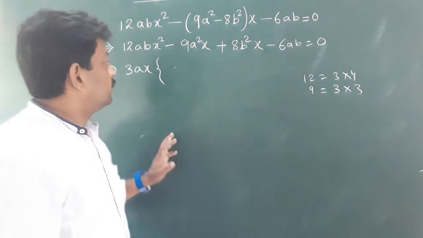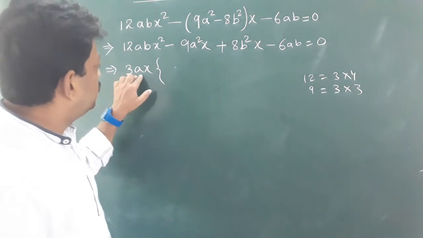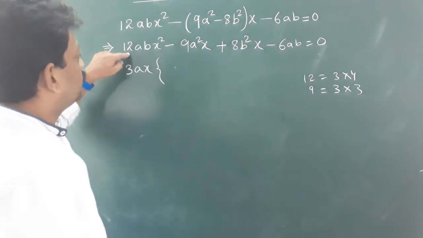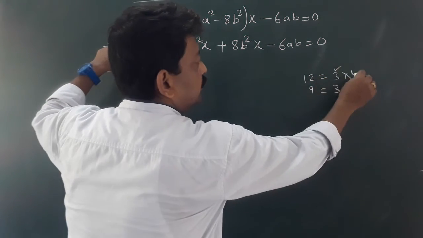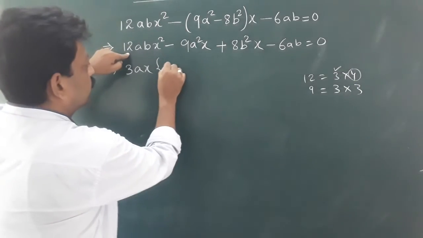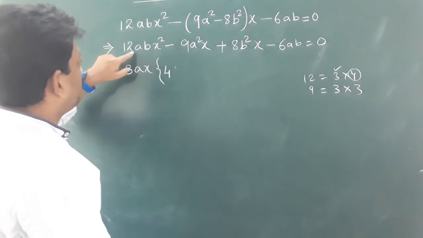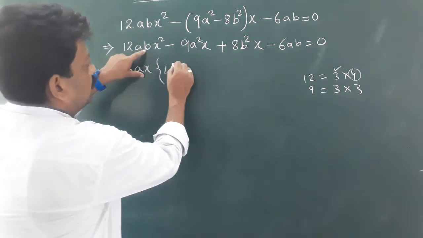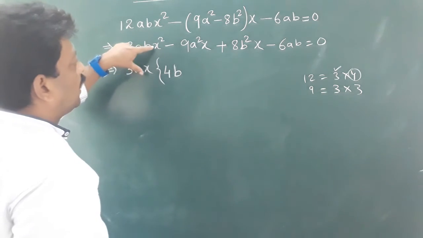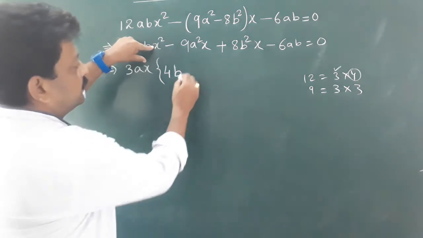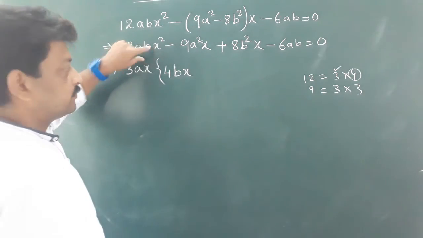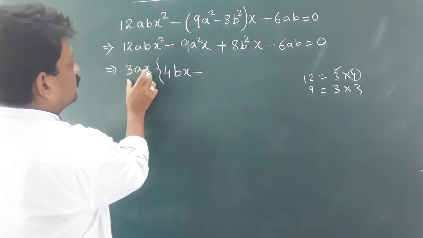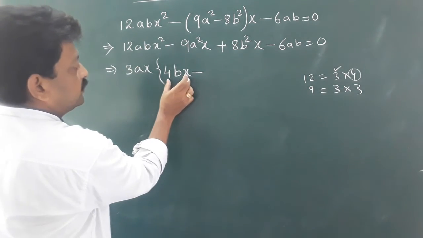Understood the technique? Now I am taking 3ax common from here. From 12 I have taken 3 common, so the left part will be 4. Then a is already taken common. Left part will be b. Out of x square, x is taken common, so one more x here. So I have taken 3ax common, and the remaining part is 4bx.